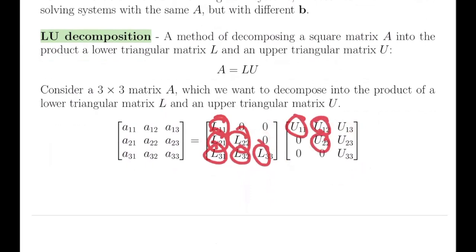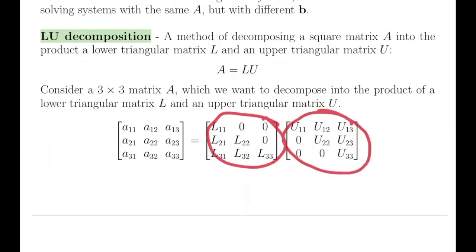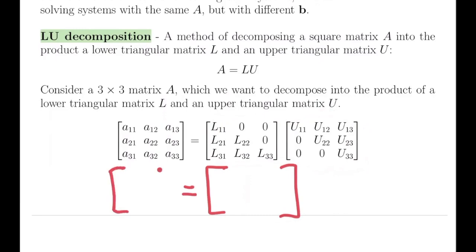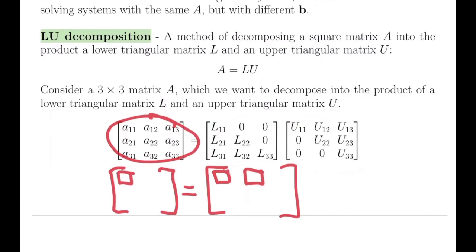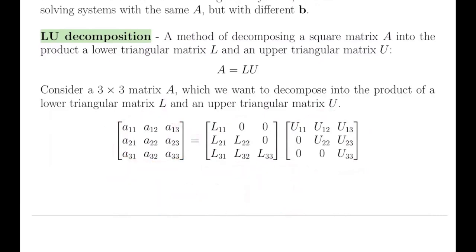What we're going to do is multiply L and U, which gives us one 3 by 3 matrix, and this equals the 3 by 3 matrix A. We're just going to set all the corresponding entries equal to each other.